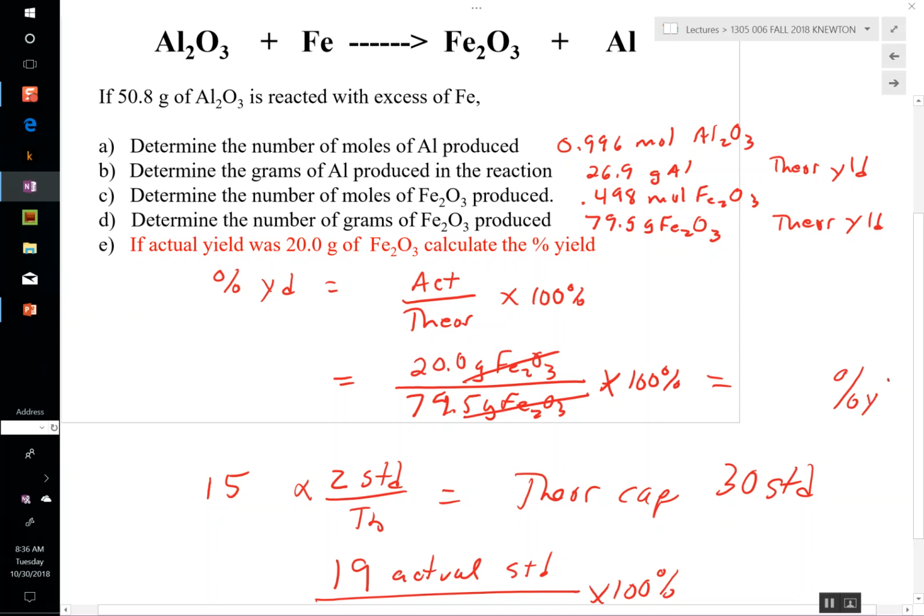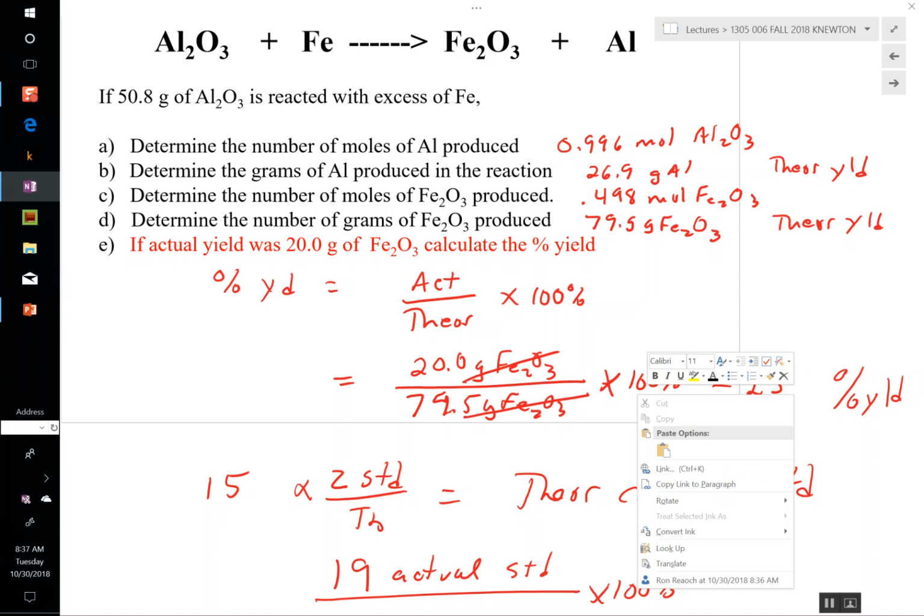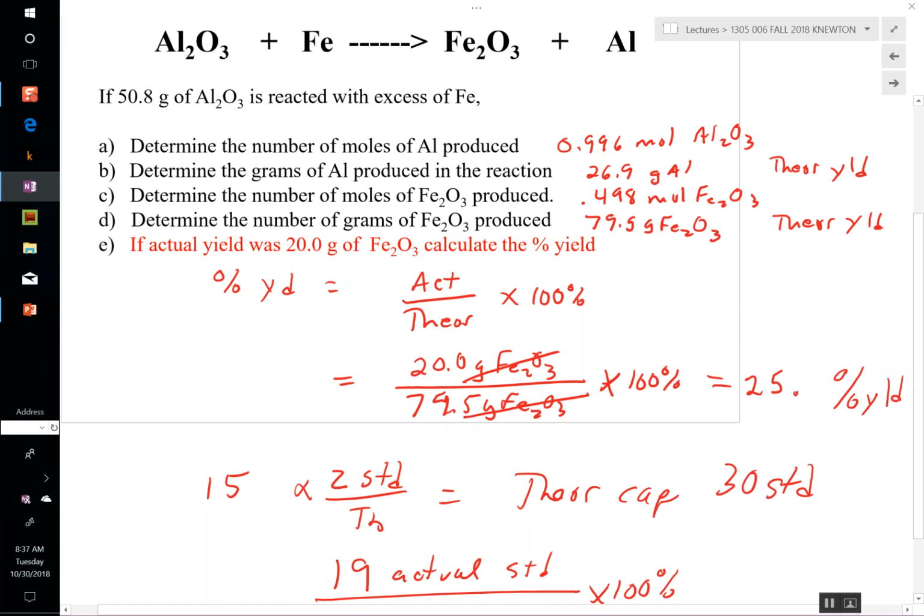It's a percent yield. What's our percent yield? What is it, Daniel? 25%? 25.0? 25.1. 25.2. 25.2% yield. Follow that?